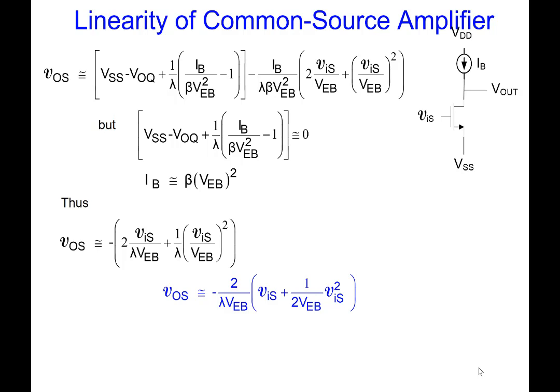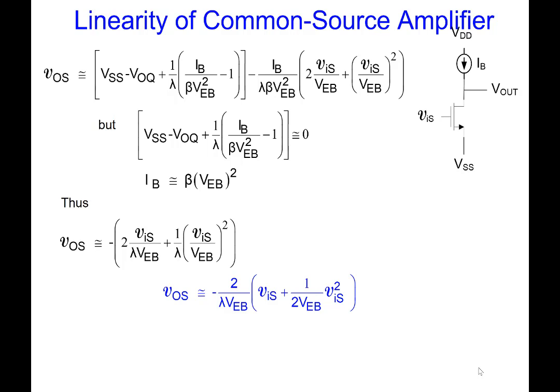If you make V excess bias high, you make this coefficient small relative to this one. But it's at an expense. The gain is this term right here. So if you want low distortion, you're going to have to live with what? Low gain.